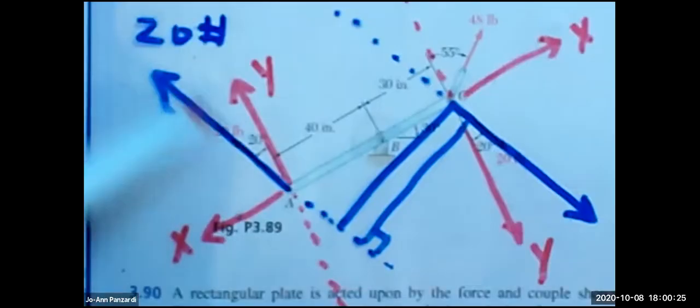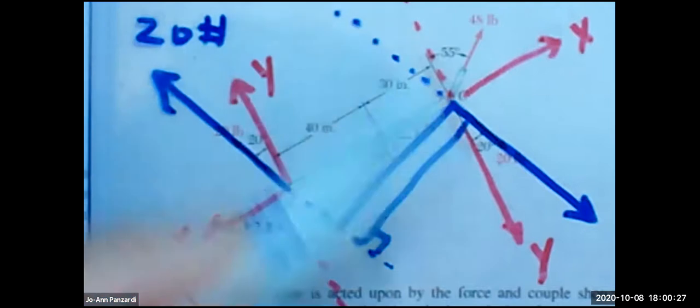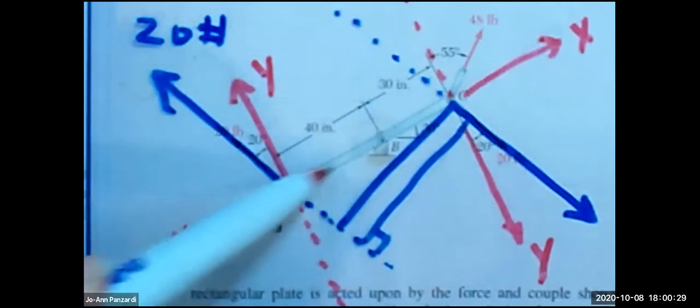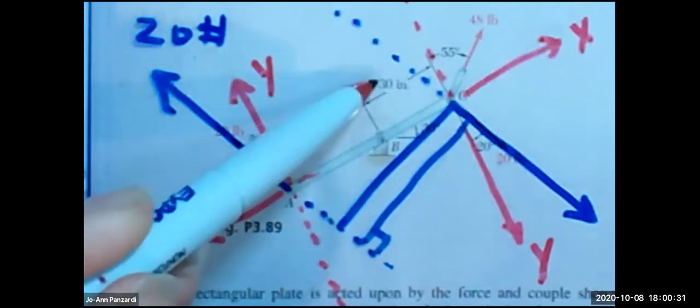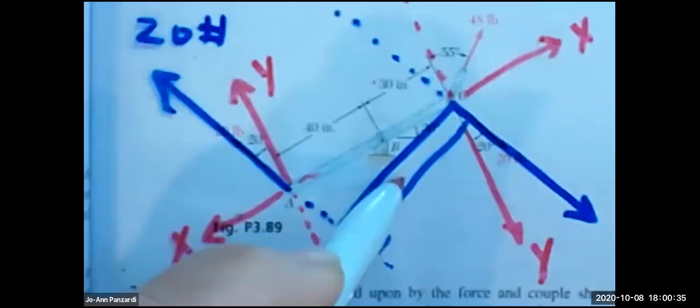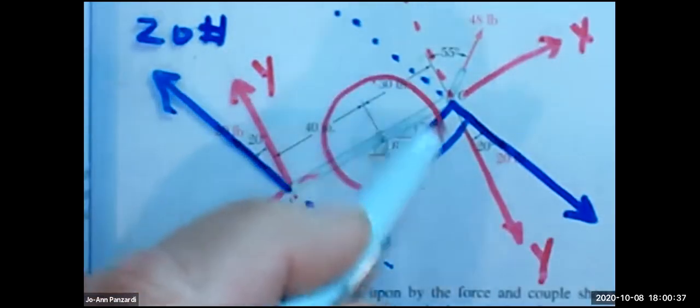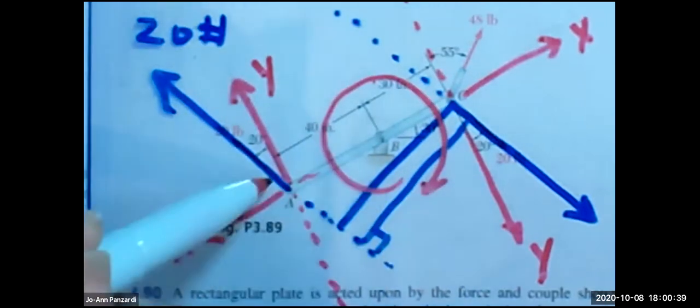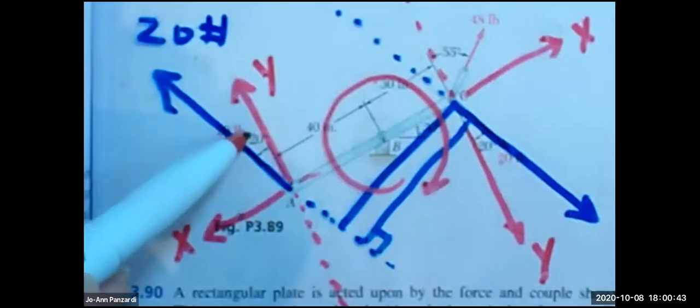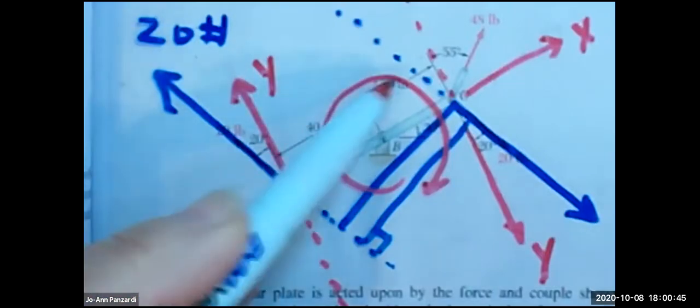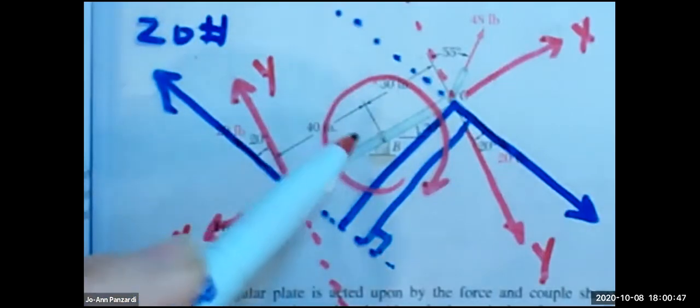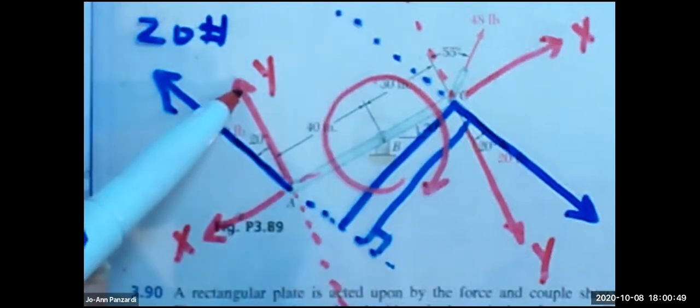So I'm taking this 20 times cosine of 20, and I'm multiplying it by the perpendicular distance between the two, which is 70. And that's the couple that's created. So it's going to be 20 times the cosine of 20 times the perpendicular distance of 70. That's the moment that's created by the Y couple.